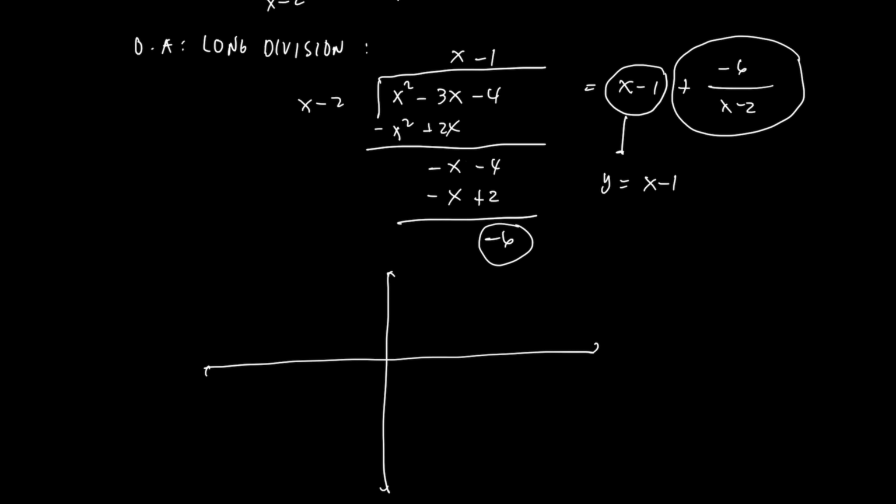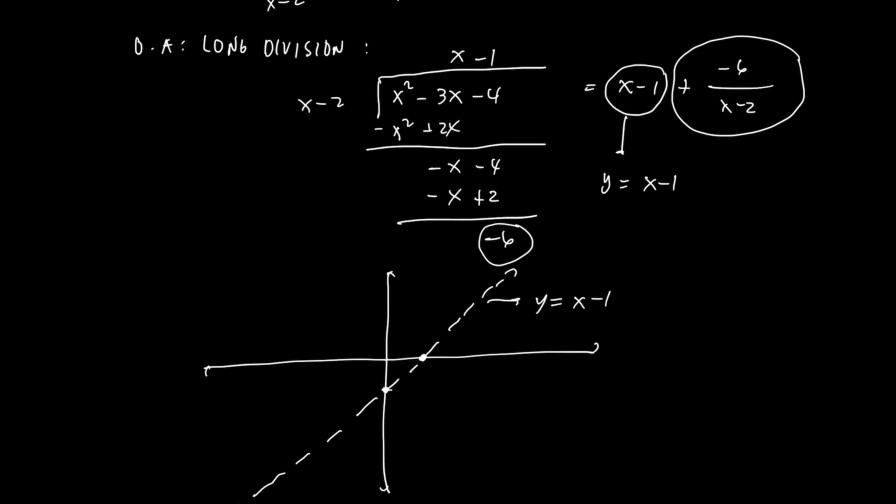So if we graph that one, what is y equals x minus 1? The y-intercept is negative 1, then the rise is 1, the run is 1. Okay, if we connect this one, that is our oblique asymptote. Okay, so the graph does not touch there, but it will approach that line.